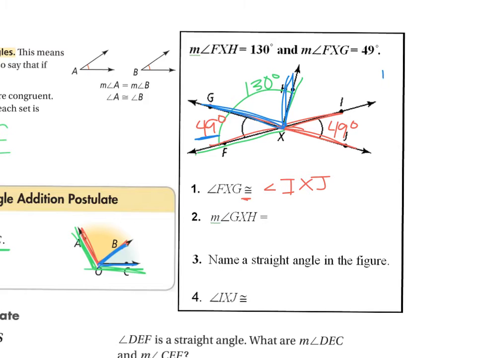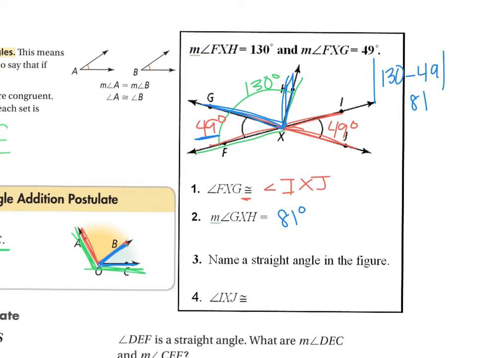So you're going to do 130 minus 49. What would that be? 81, I think. Sounds right. 81. And so the measure of angle GXH would be 81 degrees.